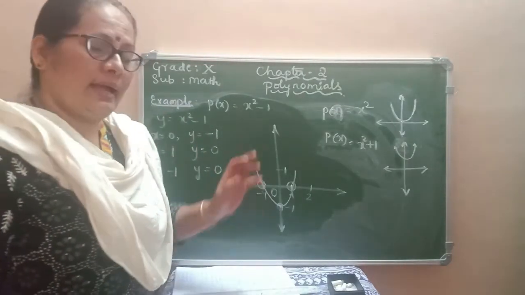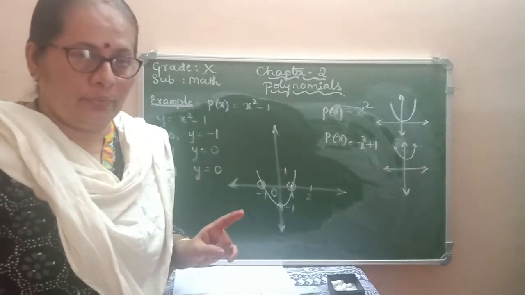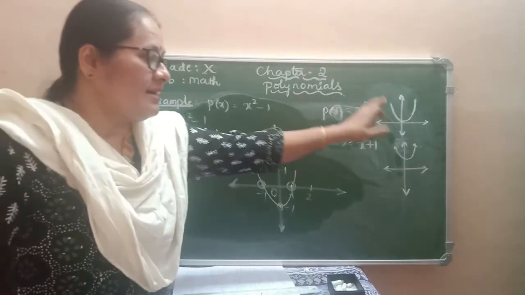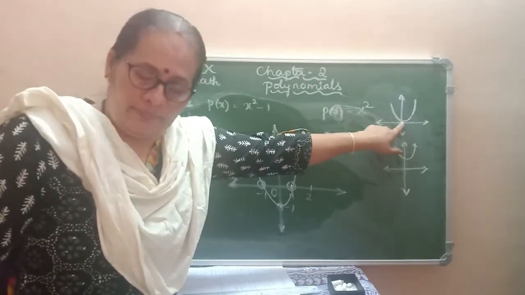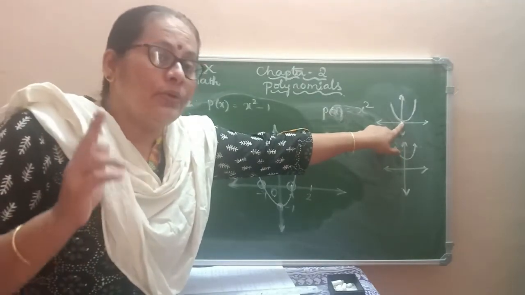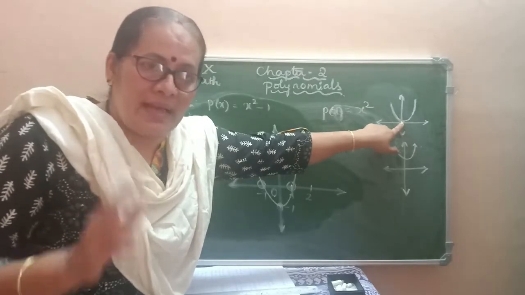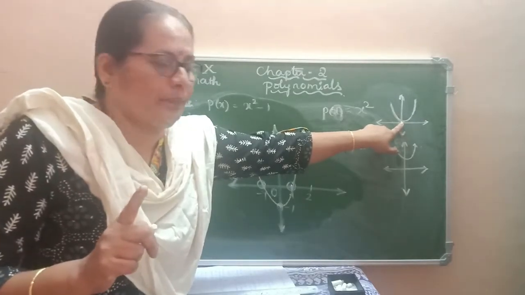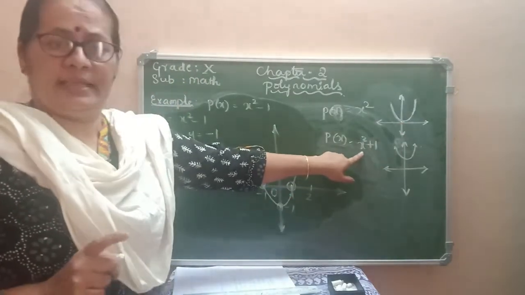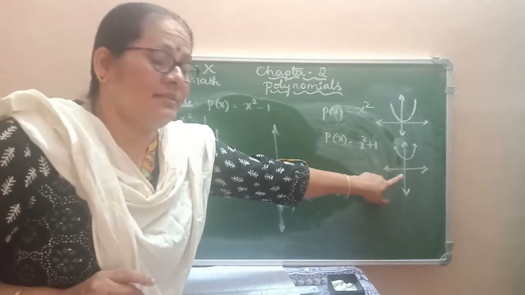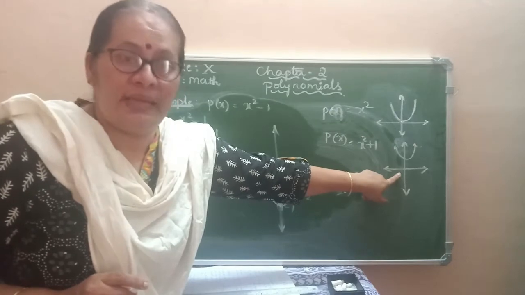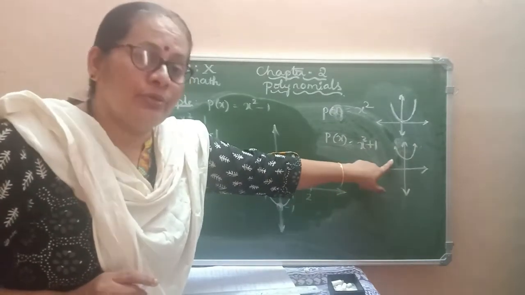So we take it as 1, 0. When the parabola touches the x-axis, at this point we get 2 equal zeros, considered as 1, 0. Now in the second example, x square plus 1, the parabola does not touch the x-axis. It means no zeros.